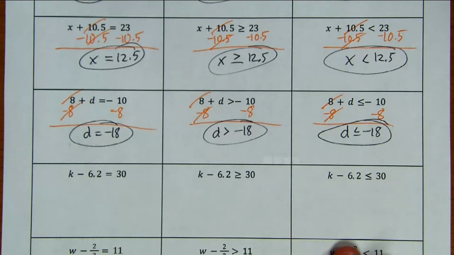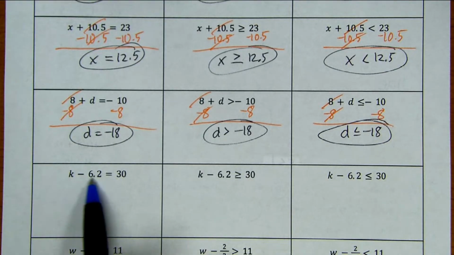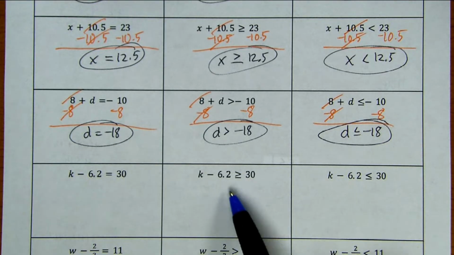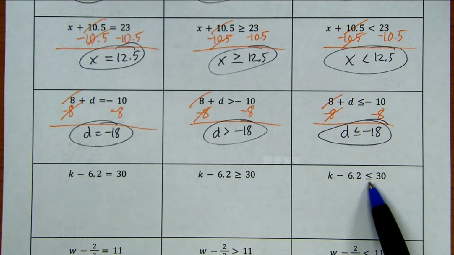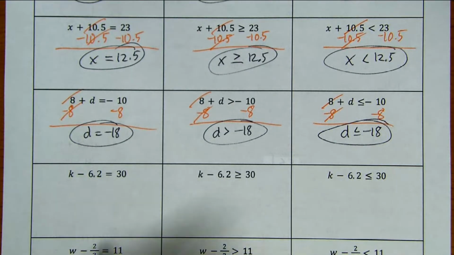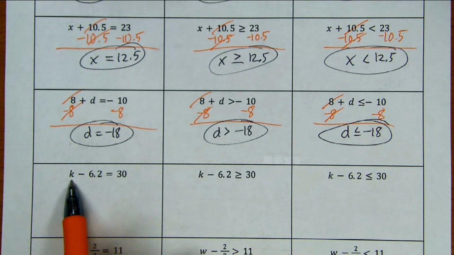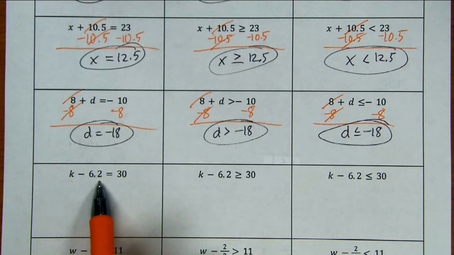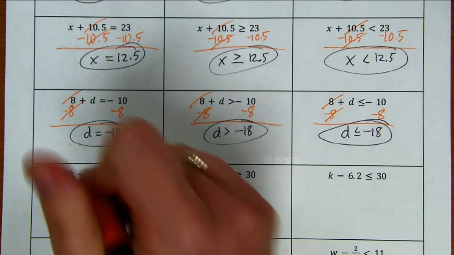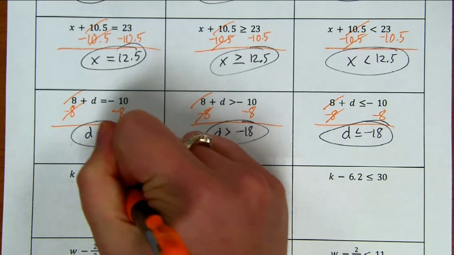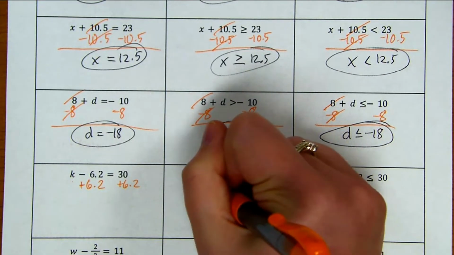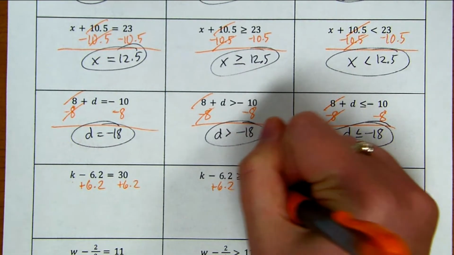Our next problem, k minus 6.2 equals 30, or is greater than or equal to 30, or is less than or equal to 30. Well, we need to get k by itself, so we have to get rid of this minus 6.2. To cancel out subtracting 6.2, we will add 6.2 to both sides of the inequality, or equal sign.